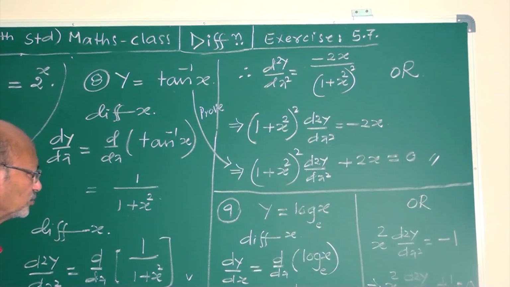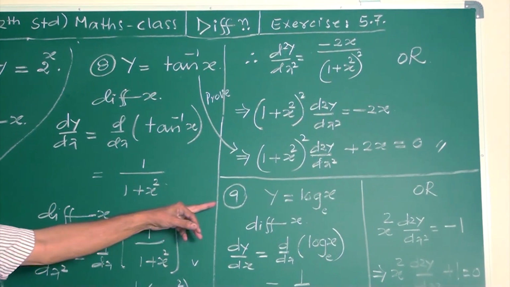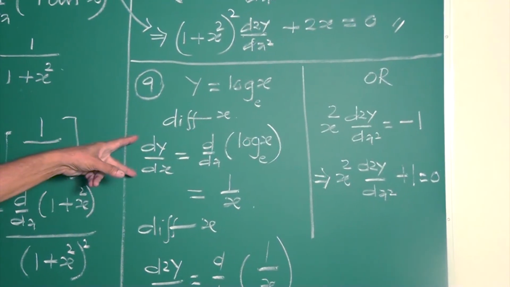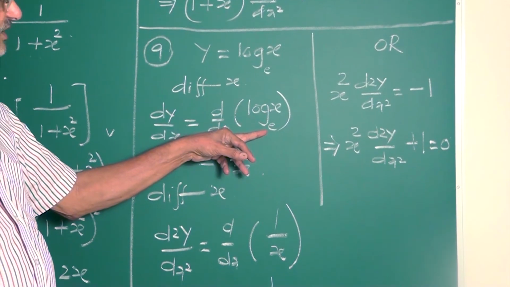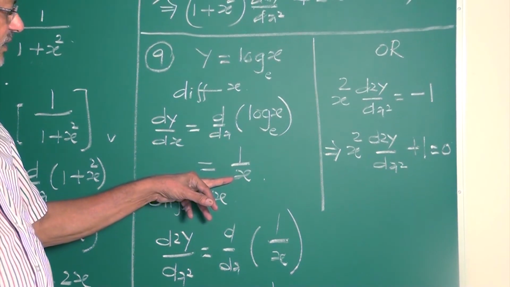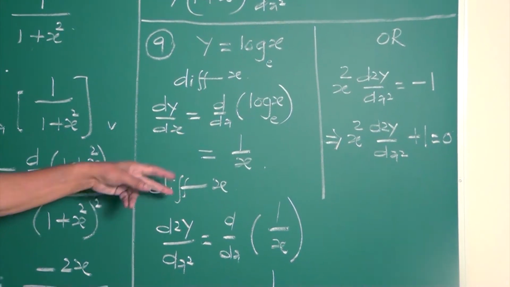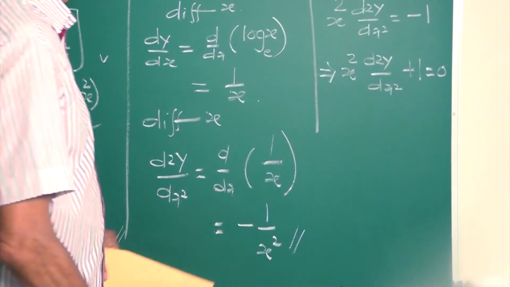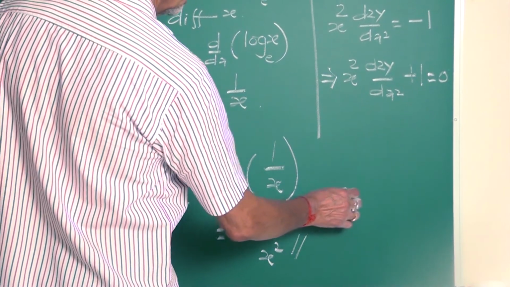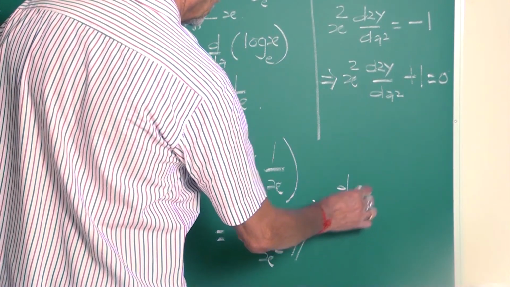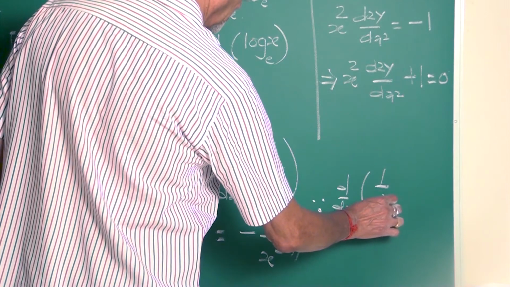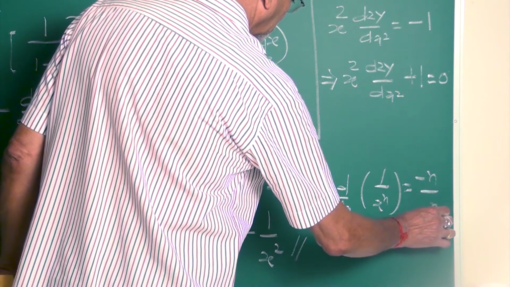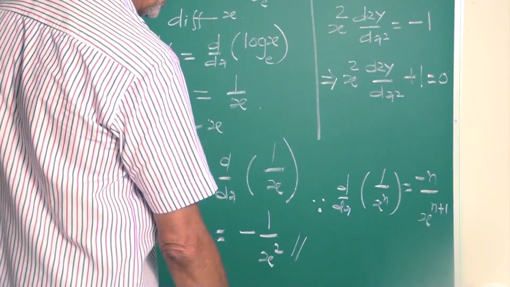The same, similar: log x to the base e. Differentiate with respect to x. dy by dx equal to derivative of log x to the base e. Log x is 1 by x. Again differentiate. It is what? 1 by x means 1 upon x to the power n on this, my friends, because d by dx of 1 upon x to the power n is minus n upon x to the power n plus 1 applied.